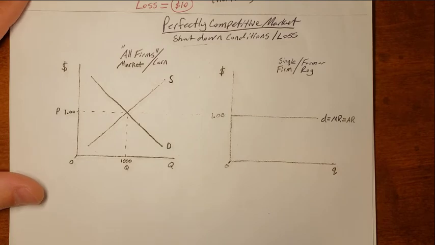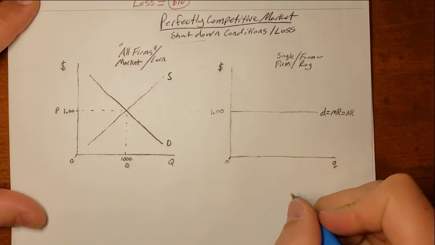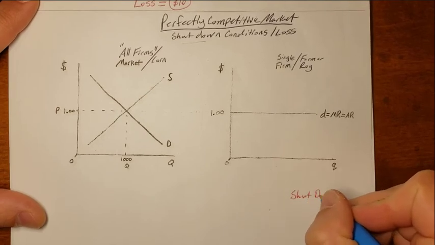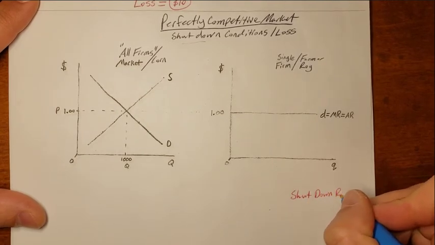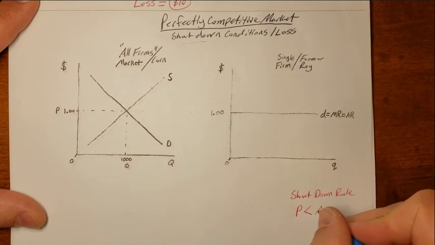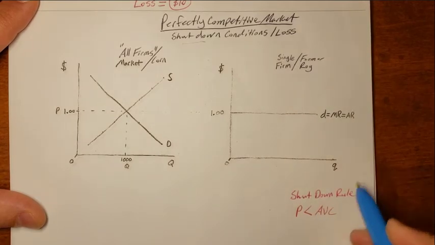And the rule, what we call the shutdown rule, is that you shut down when the price is less than your average variable cost, right?